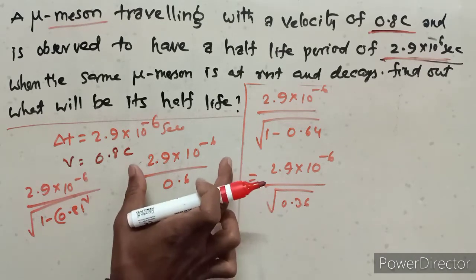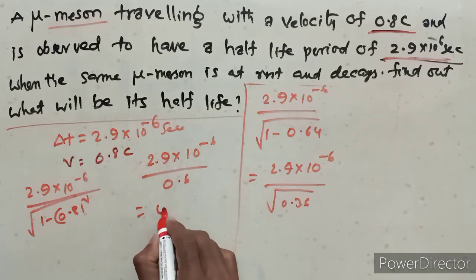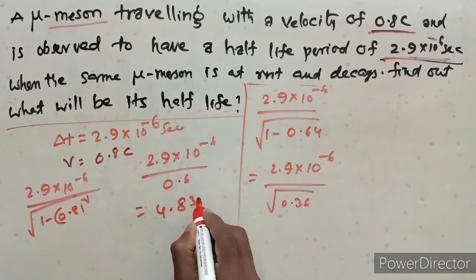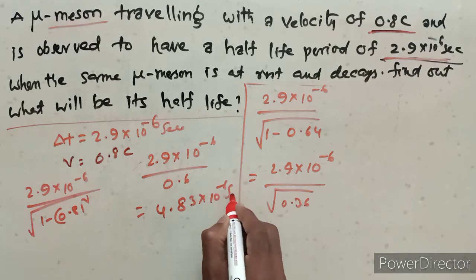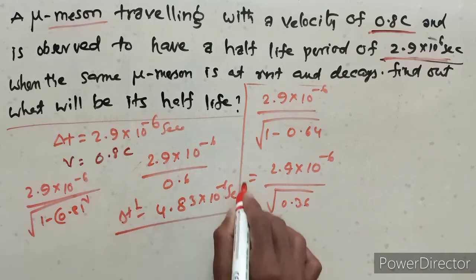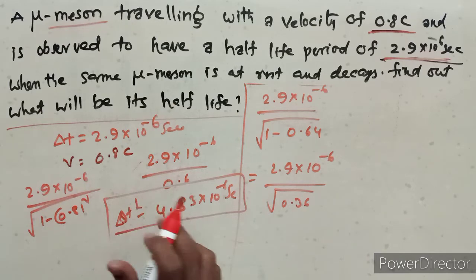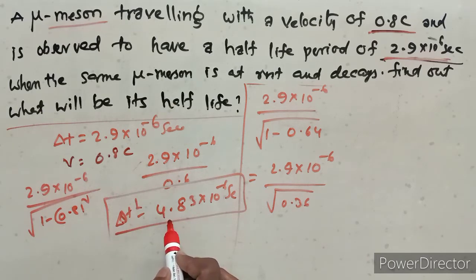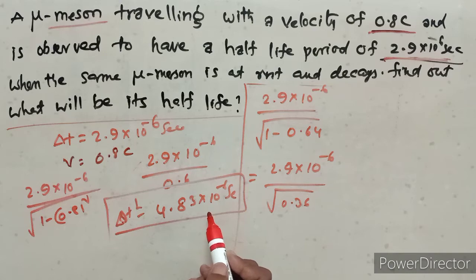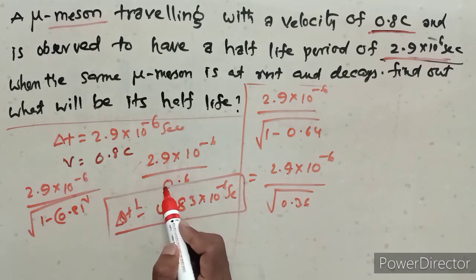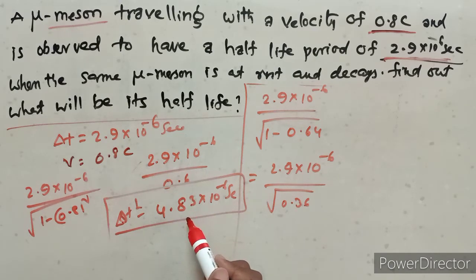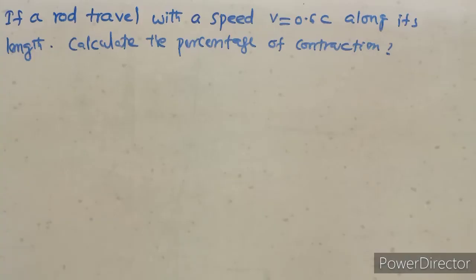So finally, 4.83 into 10 to the power of minus 6 seconds. This is the half time, delta t dash, the time dilation. 2.9 upon 0.6 equals 4.83. This is the final value.